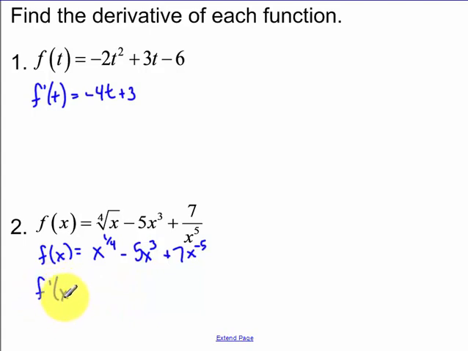So then when we take our derivative here, bring down the 1/4, reduce your exponent. 3 times 5 is a 15. Reduce your exponent. 5 times 7 is a negative 35. Now reducing this exponent by 1 gets me a negative 6.